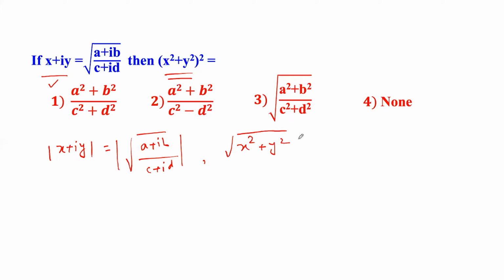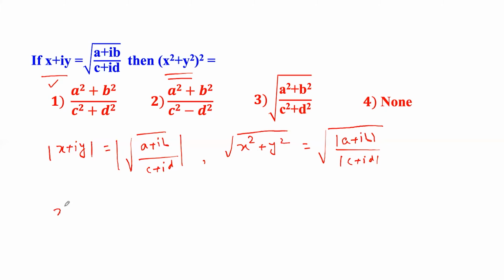And again, we can apply the under root of mod of a plus ib upon mod of c plus id, right? So this will be x square plus y square, squaring both sides.